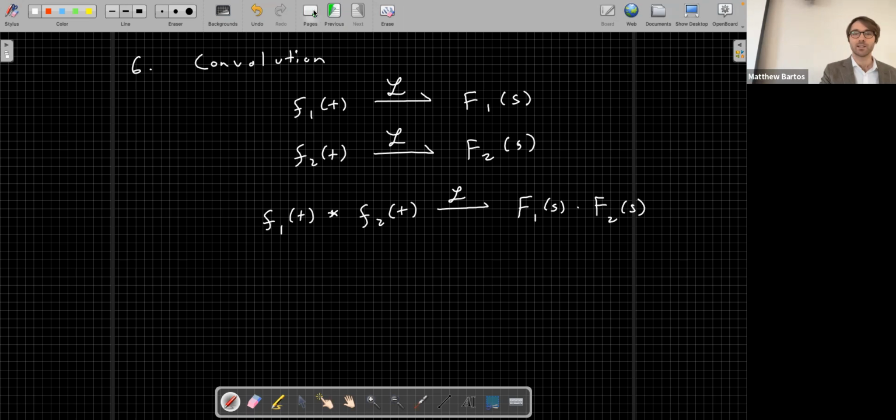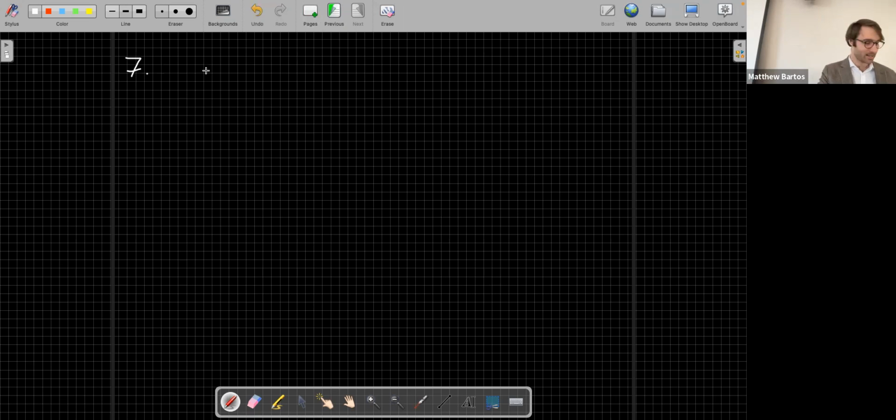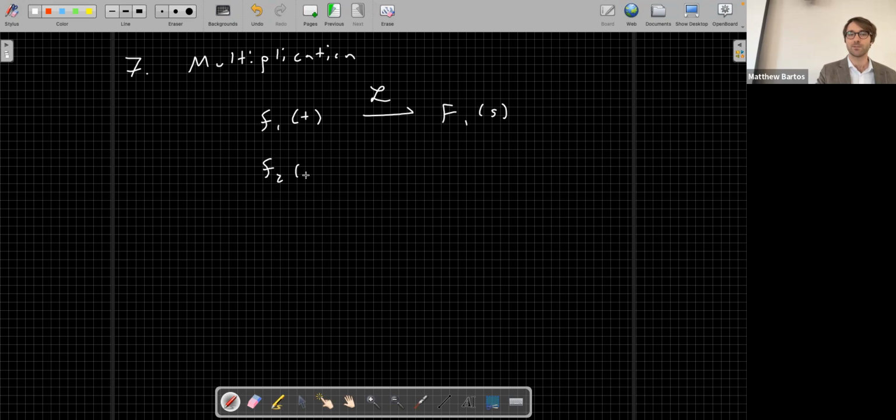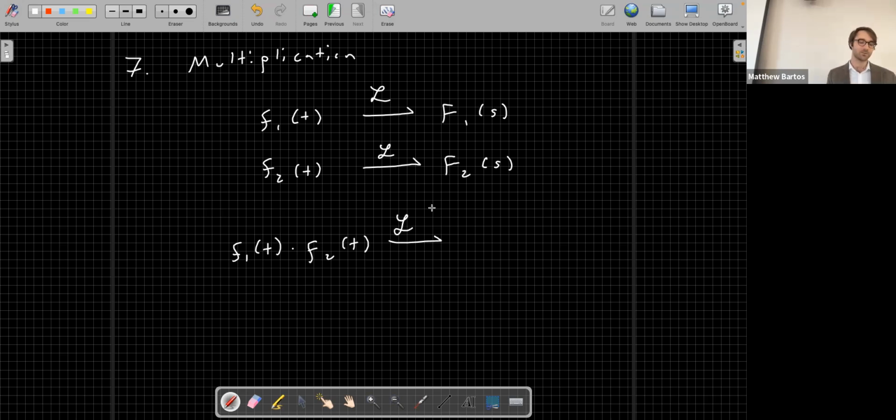All right. Next property is pretty fascinating. Multiplication. Let's say we have a function f1 of t that maps to big F1 of s in the frequency domain, f2 of t that maps to big F2 of s in the frequency domain, and we take f1 of t and multiply it by f2 of t, and we apply the Laplace transform.